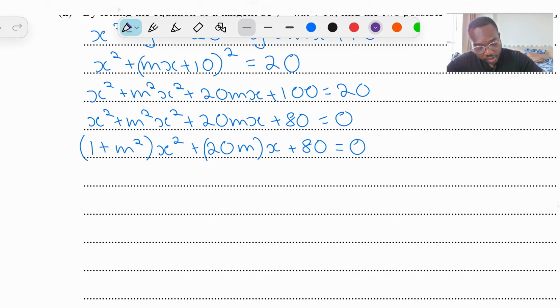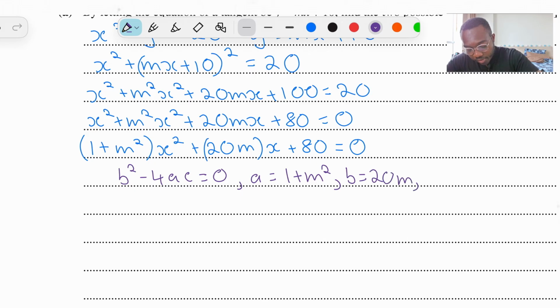So if we do b squared minus 4ac is equal to 0, okay, we know that our a value is 1 plus m squared. We know our b value is 20m, and we know our c value is 80. So therefore, it would be 20m all squared, okay, minus 4 times a times c, but I'm going to do 4 times c first because it's a constant.